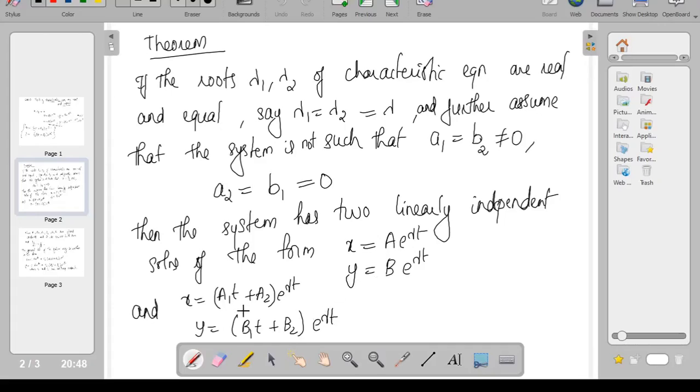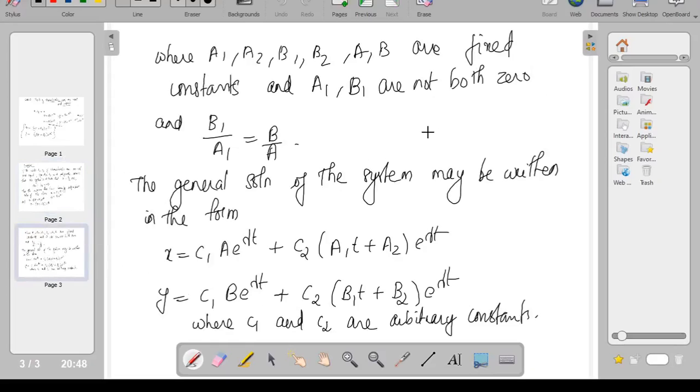Here a, b, a1, a2, b1 and b2 are fixed constants, and these will satisfy a condition that b1 by a1 must be equal to b by a. So when we find the solution, it must also satisfy this condition. So b1 by a1 will be equal to b by a provided a1 and b1 are not both 0.